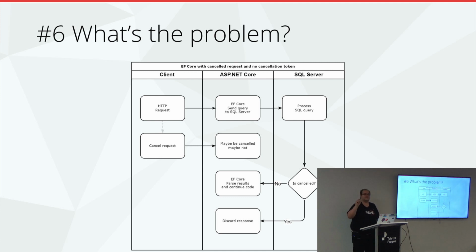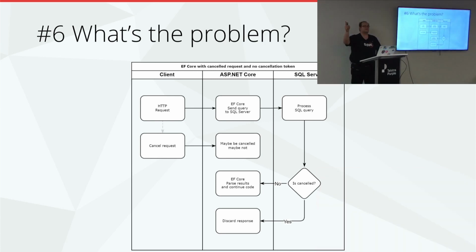The only difference is when you respond back in the API controller, it will look and say, oh, wait, the request was canceled, I'll just disregard everything you just gave me. So basically now you have wasted a lot of time on SQL Server just for .NET to say, oh well, we don't need it anymore.